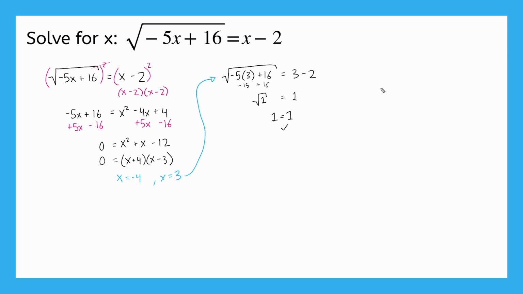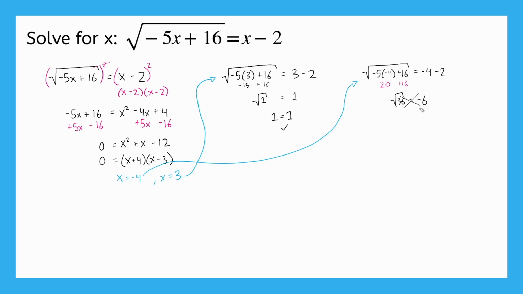Now, plugging in the other solution, negative 4, we do the same thing again. Negative 5 times negative 4 plus 16 is equal to negative 4 minus 2. Here we have 20 plus 16, which is 36, so root 36 is equal to negative 6.